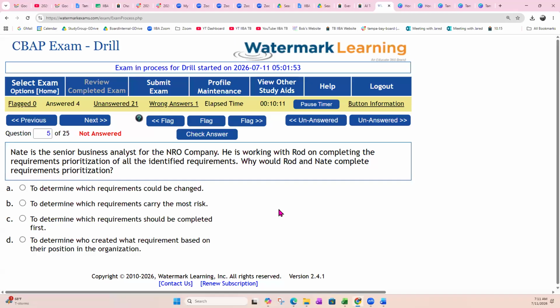Nate is a senior business analyst for the NRO company. He's working with Rod on completing requirements prioritization of all the identified requirements. Why would Rod and Nate complete requirements prioritization?